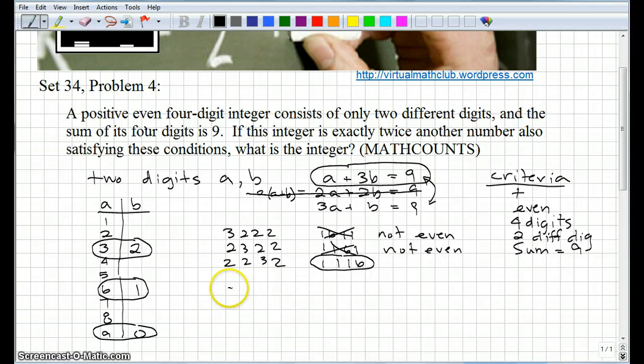Let's take a look at, well, we've already looked at the 1611. The only one that will be even is this one, okay? And half of that is what? It's 5, let's see, 558. Is that what it is?